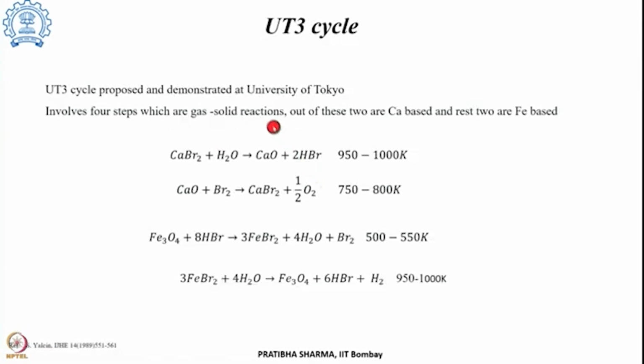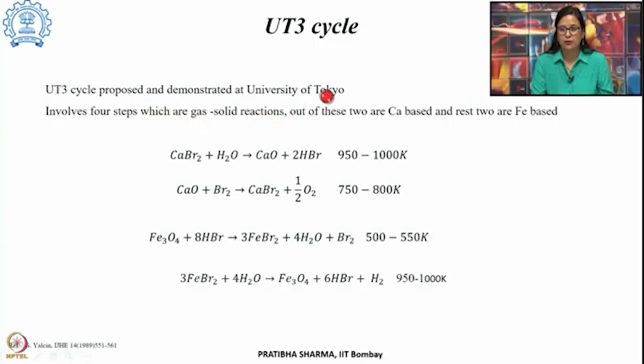Another cycle is UT3, which was proposed and demonstrated by the University of Tokyo. The name comes from the University of Tokyo, UT. The UT3 cycle involves 4 steps, and these are gas solid reactions. Two are based on calcium and the rest are based on iron.